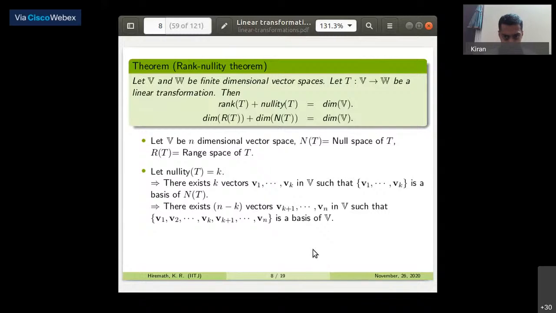So do you agree with me? Why should this be possible? I don't agree. It's not possible to add some more elements to it to make it a basis of V. Can I say so?